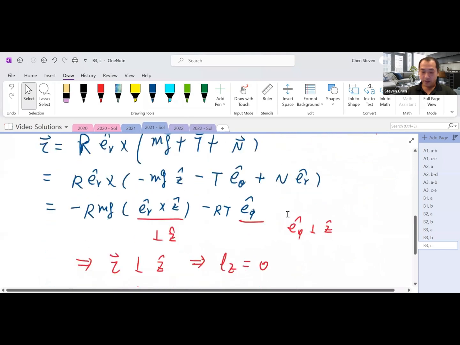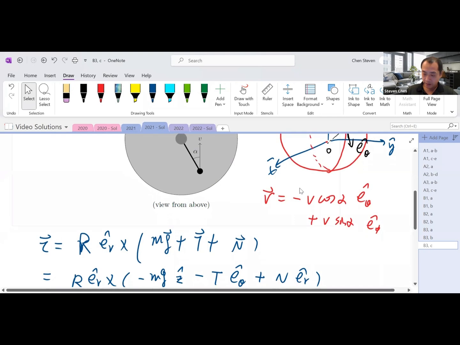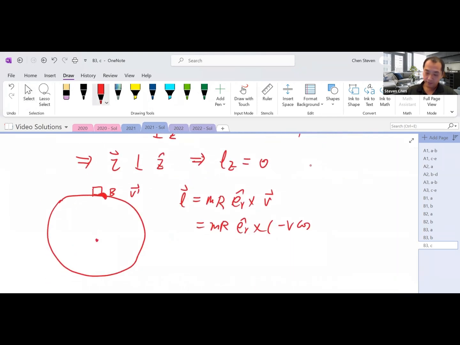Let's compute the initial angular momentum, and then we take its z component. Cosine alpha.